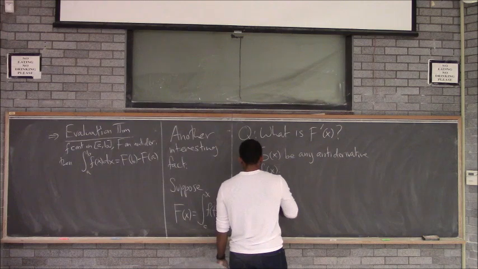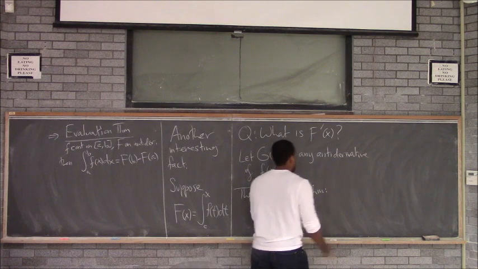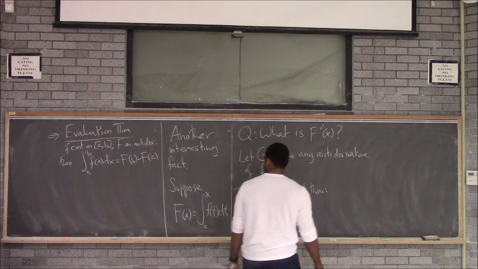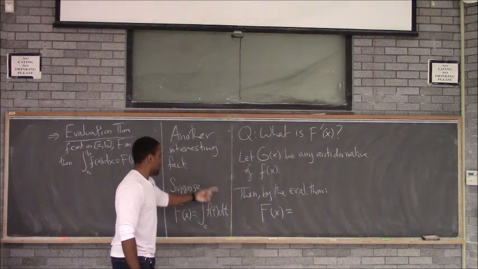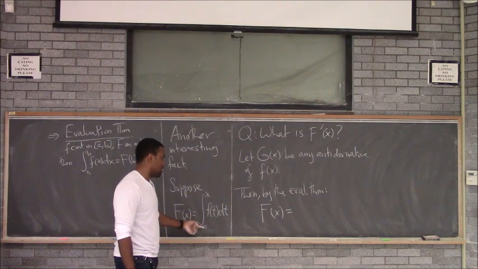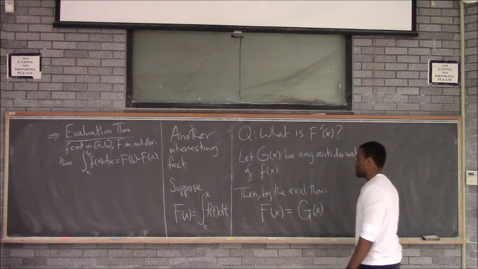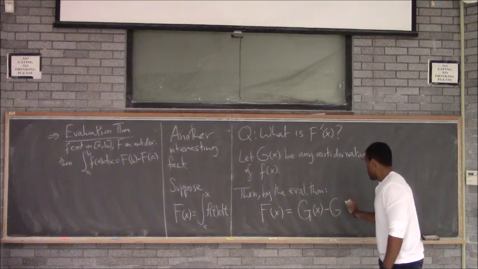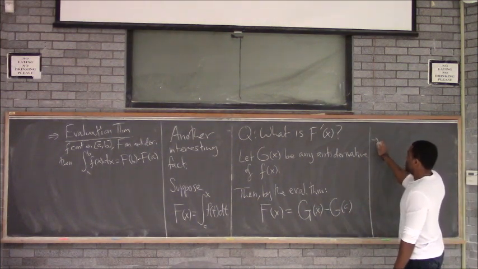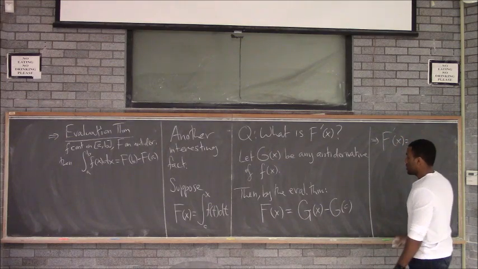Then, by the evaluation theorem, my big F is going to be equal to his antiderivative evaluated here minus the antiderivative evaluated here, which means this is going to be the antiderivative evaluated at x minus the antiderivative evaluated at c. That, of course, means now I can start taking derivatives. F prime of x is going to be the derivative of that.